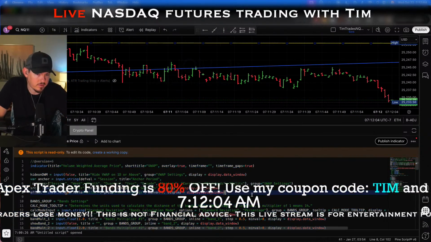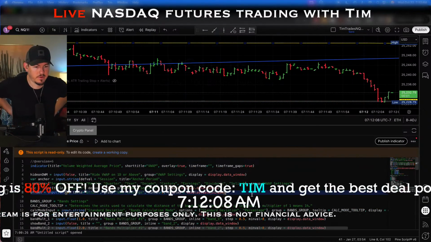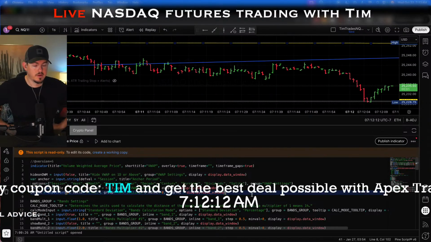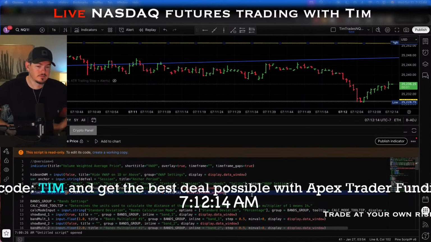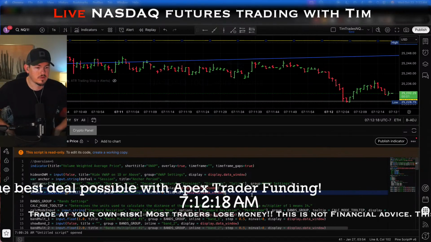And you can even ask Grok for recommendations on different filters to add to it to increase the win rate. And it'll give you some suggestions.